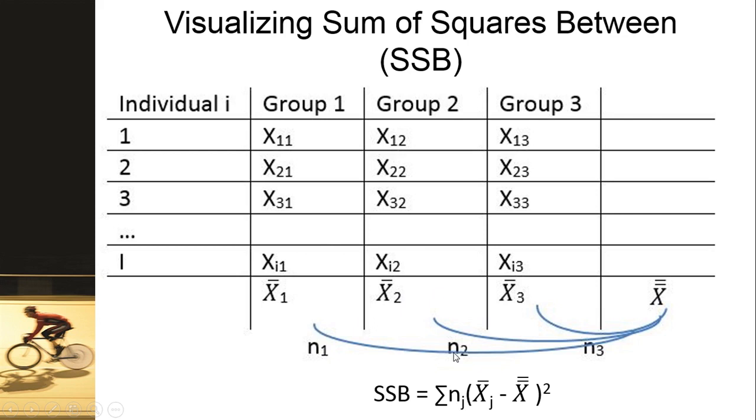So N1, N2, N3 is how many people are in each group. The calculation here is x bar j, which means which group mean you are comparing, minus the x bar bar, the total sample mean. And again, you square the differences, and before you add them up, you multiply by the group size. The nj is the group size for each group.